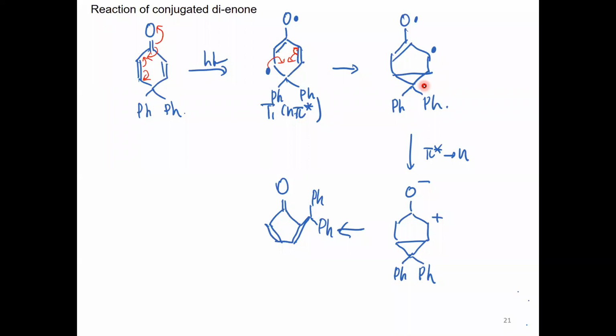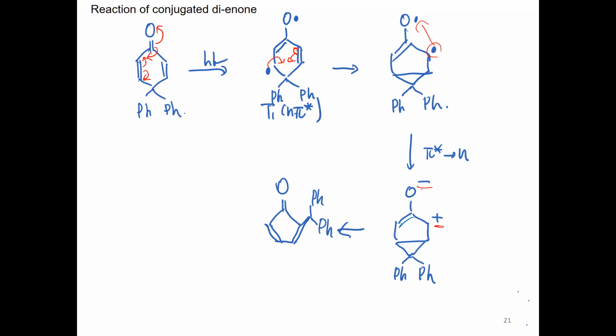And here, from the pi star to an orbital, electron transfer, meaning that one of these radicals transfers an electron, giving a positive and a negative charge inside the molecule. Oh, actually part of the bond is missing.